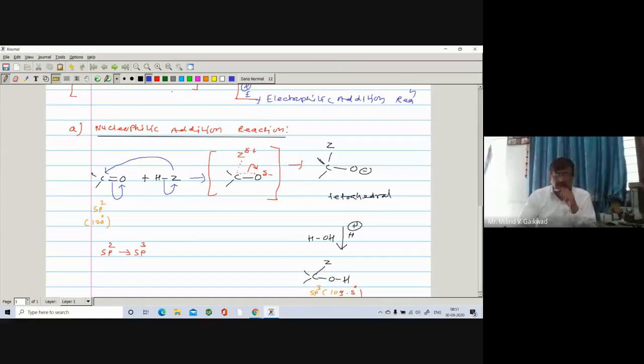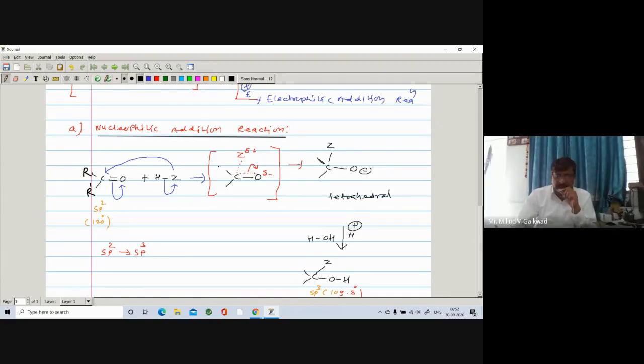Let us see an example of this one. In the example, we can take, in general, the valency satisfied by R. Here is R, here is also R. This R may be the same, may be different, so we can write R or R dash.